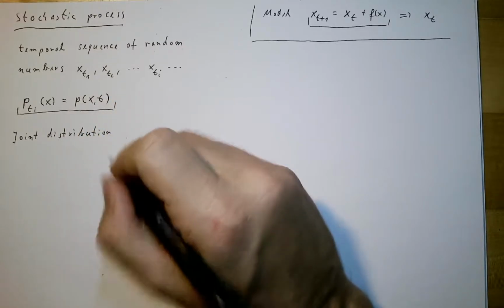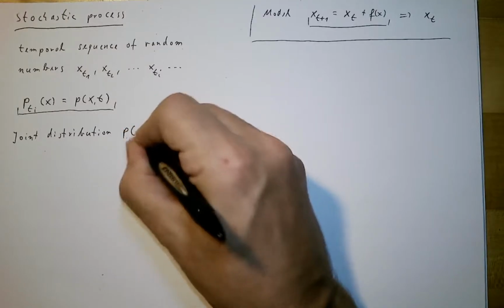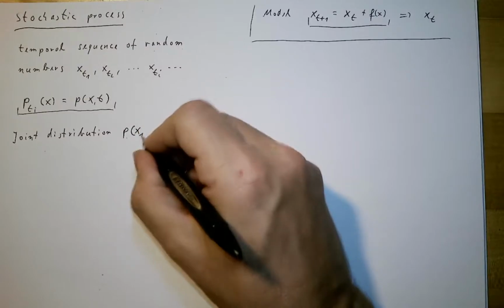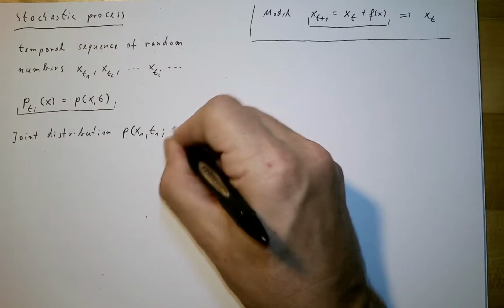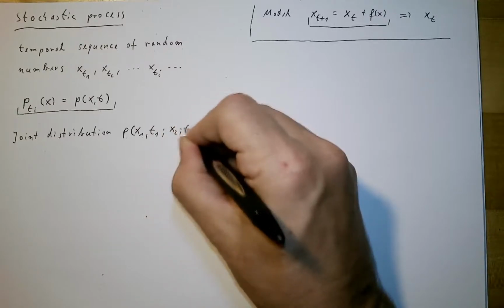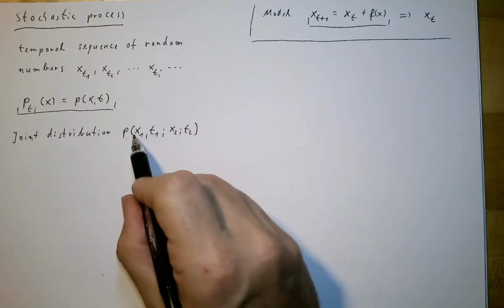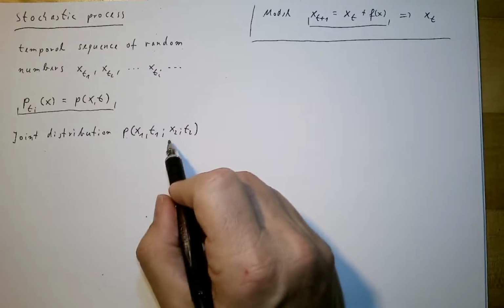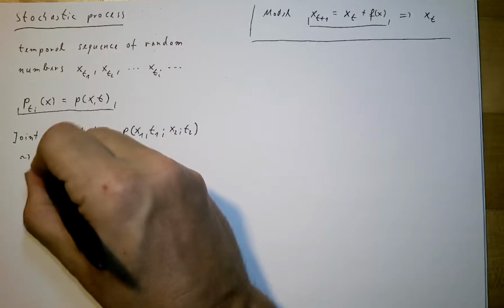This means we have the distribution that our random number has value x1 at time point t1, and it has the value x2 at time point t2. So it's a multivariate distribution of our random number at different time instances.